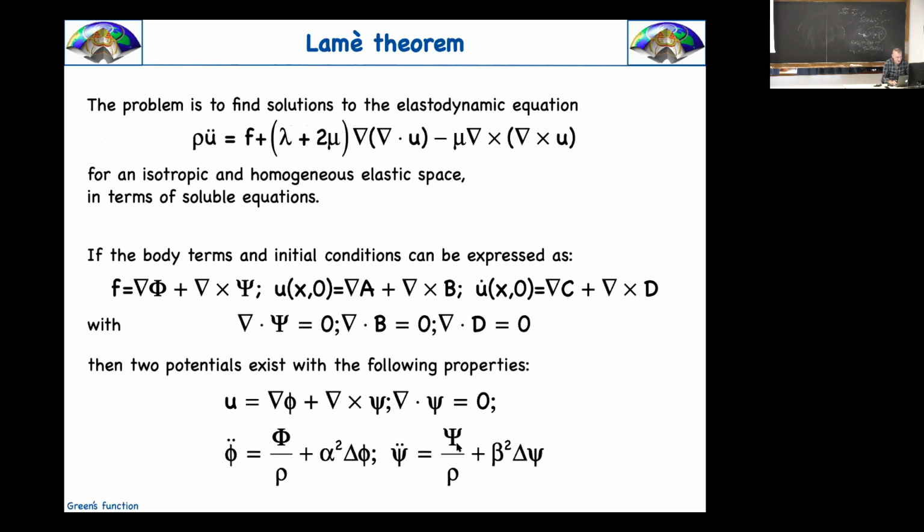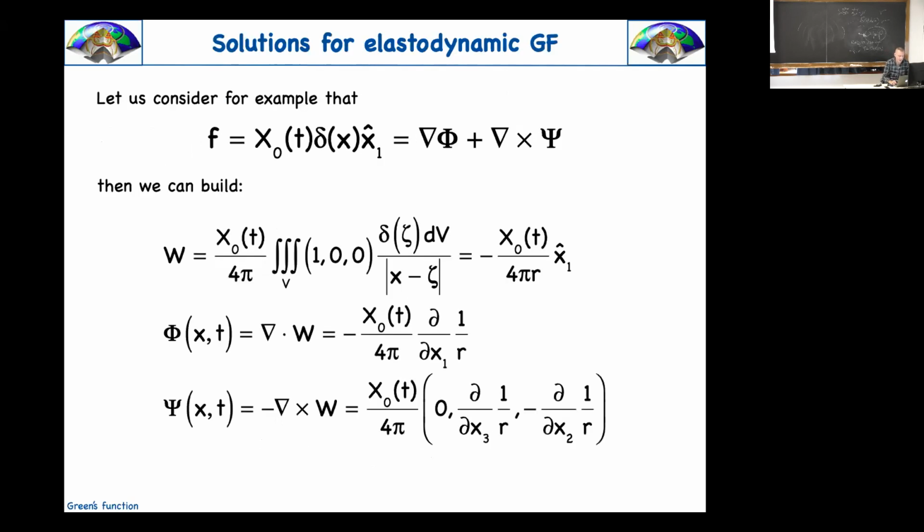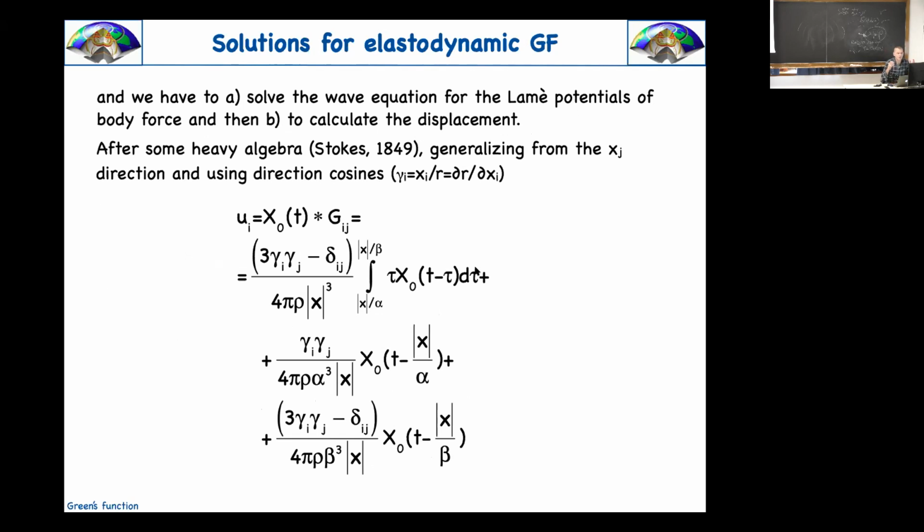Well, maybe yes, but we will not do that, and we will use the beautiful piece of work by Stokes. He was not only solving that specific problem, but the general problem, where the delta can be applied in any direction.